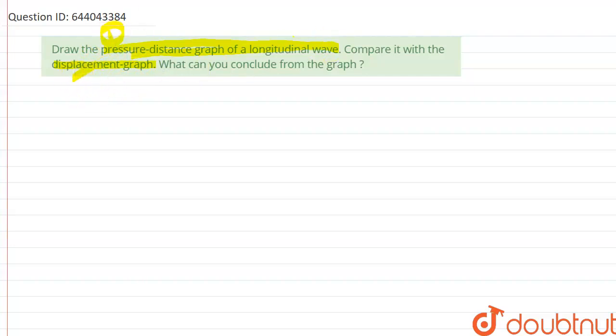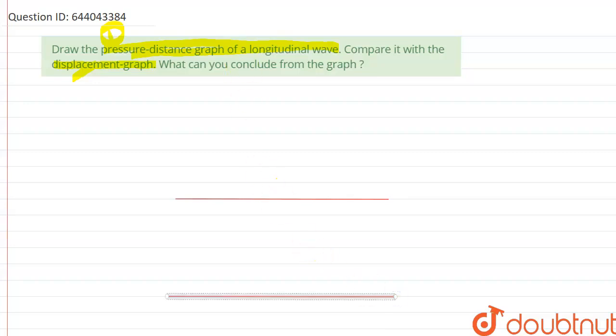Okay, so for both the axes, the x-axis should be the distance axis. Suppose we are having this as the x-axis, or the distance axis, and there should be this axis also, this is also a distance axis.